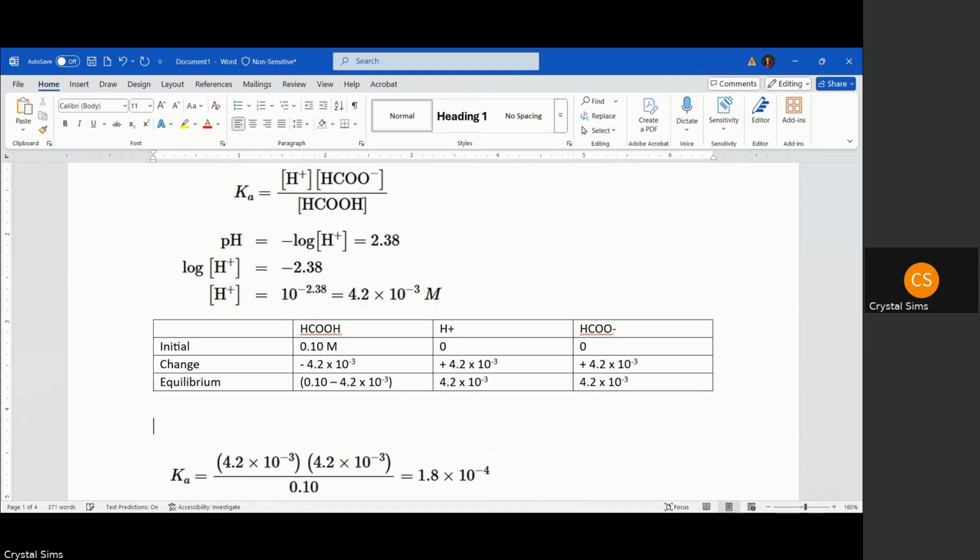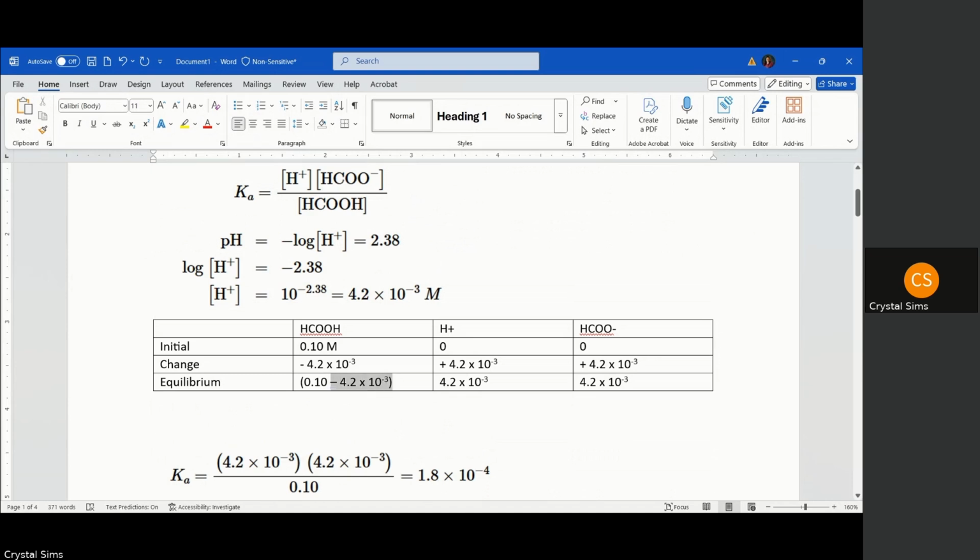All right. So if we are looking at this number right here, 4.2 times 10 to the negative 3, that's a really tiny number. And if we subtract that from 0.10 and using two significant figures, then that's still going to give us 0.10.